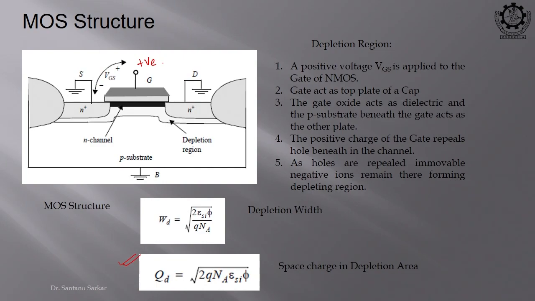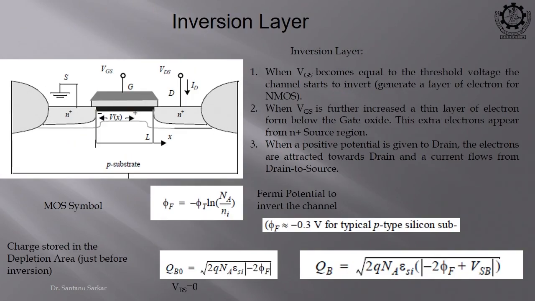The total charge of the depletion region we can formulate by this equation, that is the square root of twice q, Na, the acceptor ion doping, epsilon silicon and phi. This phi is the Fermi potential, and this total charge depends on the Fermi potential as well as the backgate voltage.